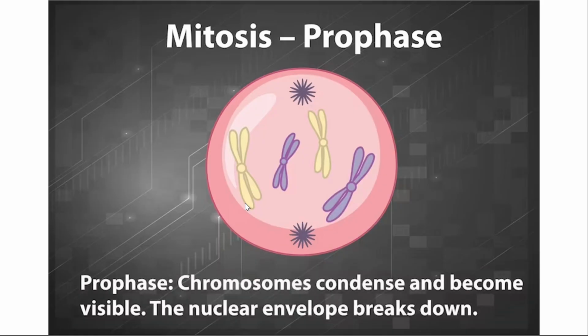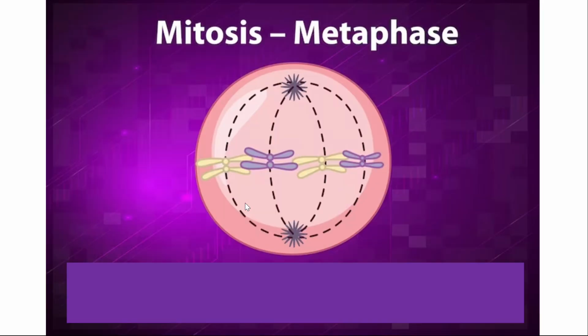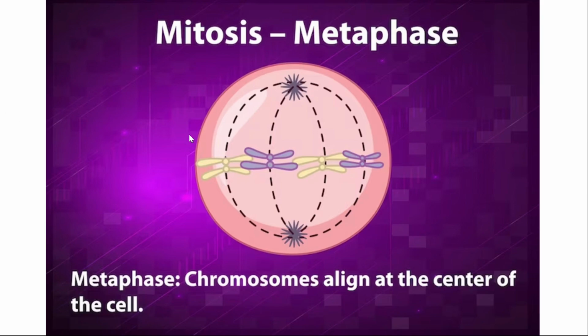For metaphase, the most important thing is that the chromosomes align at the center, called the metaphase plate. You already know that in metaphase I, homologous chromosomes are on the metaphase plate, but for mitosis, only individual chromosomes are on the metaphase plate.